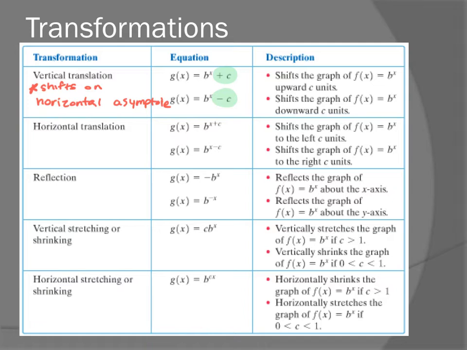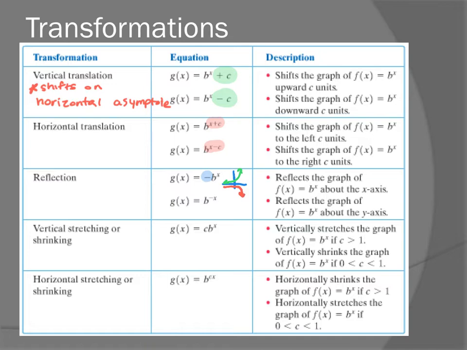Horizontal translation happens left to right, and that's happening in my exponent. If I have something added or subtracted in the exponent, it's causing a shift left to right on that curve. This does not impact my horizontal asymptote because I'm just going left to right. The reflection is a negative on the front, which flips it upside down, so my normal curve would flip over my axis.